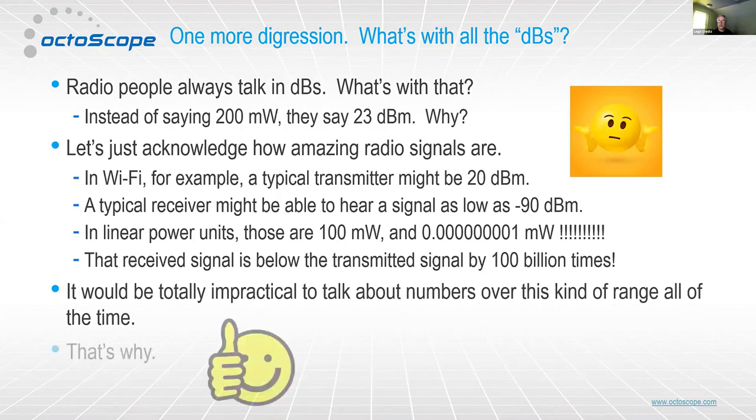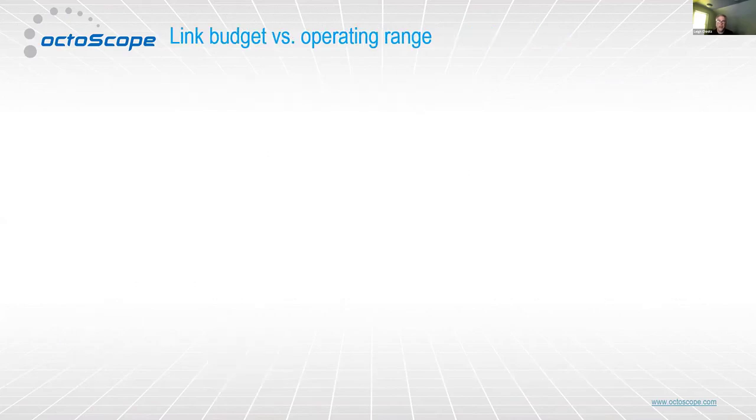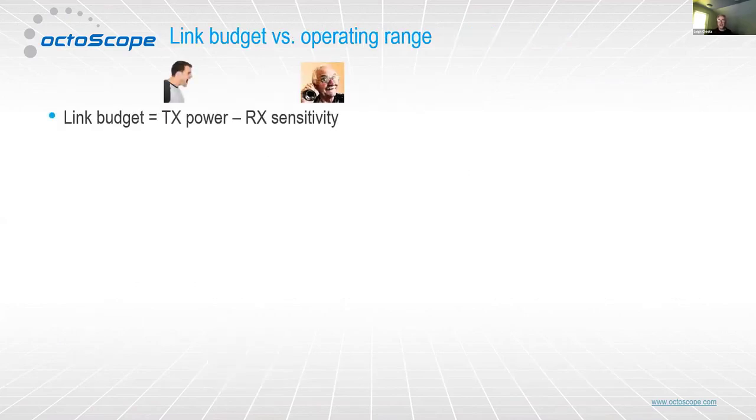It's just impossible. So that's why people use dBs. It's a much more convenient mechanism for referring to these dramatically different scales of numbers that we have to deal with in radio.